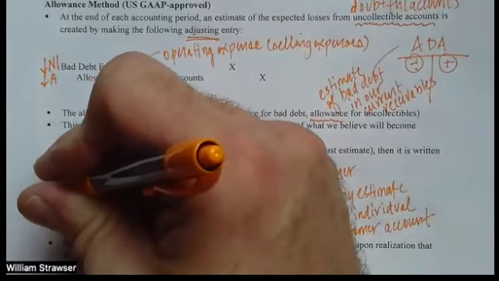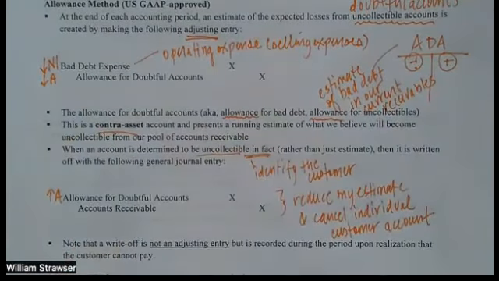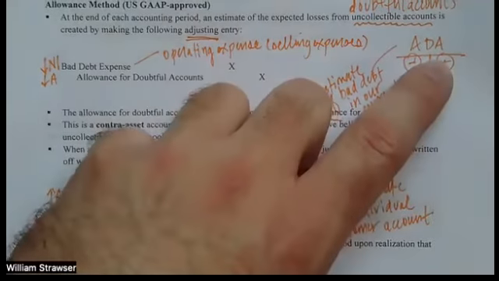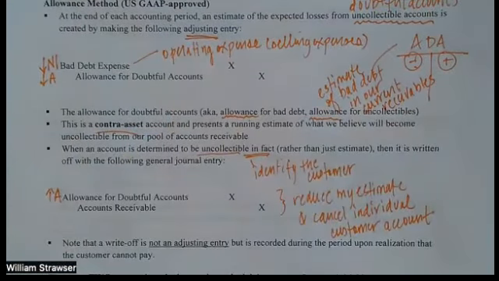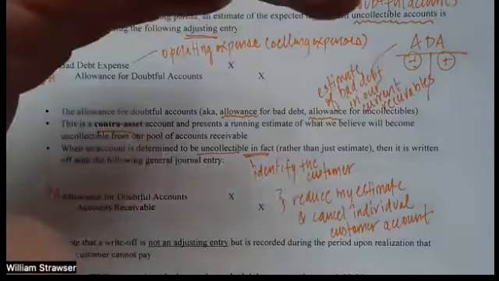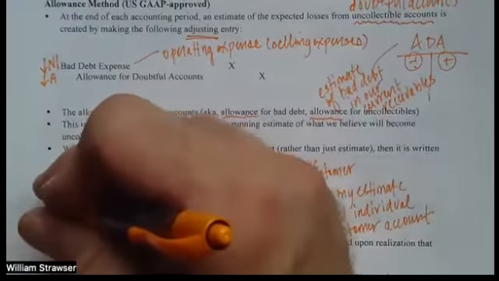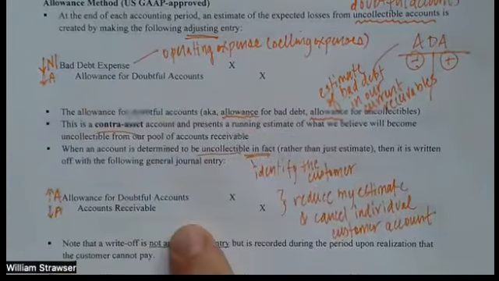And so what happens as I reduce the allowance for doubtful accounts, it actually increases my assets because this is a contra asset. So the bigger it is, the more my assets are reduced. The smaller it becomes, my assets start to go up again. So I increase assets with that debit and I decrease assets with the accounts receivable.